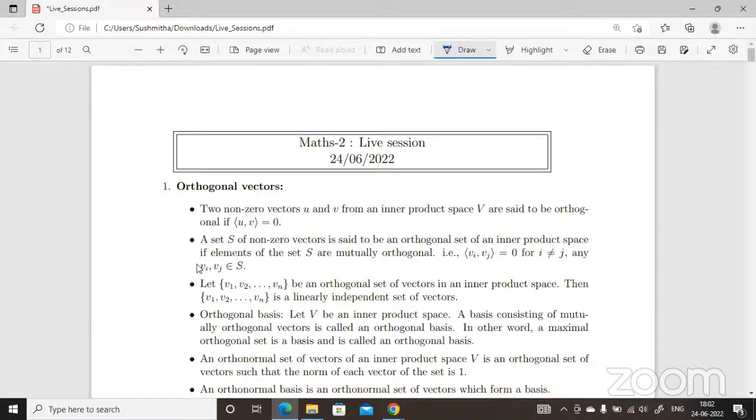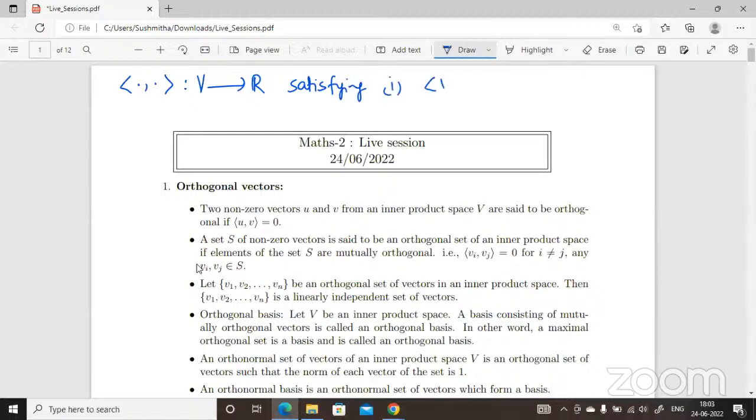Dot product of each and every element. No, the dot product is one of the inner products, but the inner product is something more general. It is a function from a vector space to real numbers, satisfying 4 conditions.